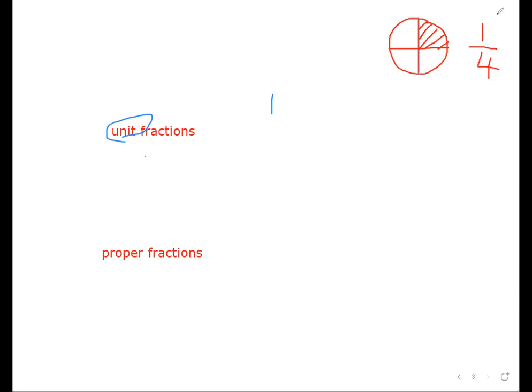Numerator here, any fraction that has 1 up, always 1. The number at the top, always 1. I call it unit fraction. So the unit fraction is the fraction with 1 in the numerator. It's the fraction with the number 1 in the numerator. Okay?